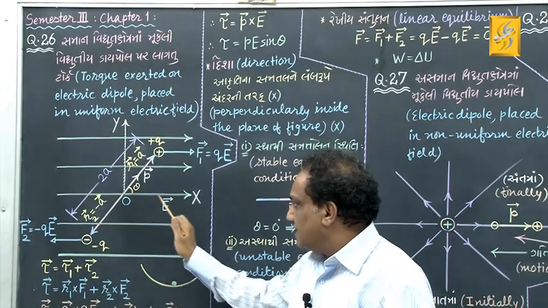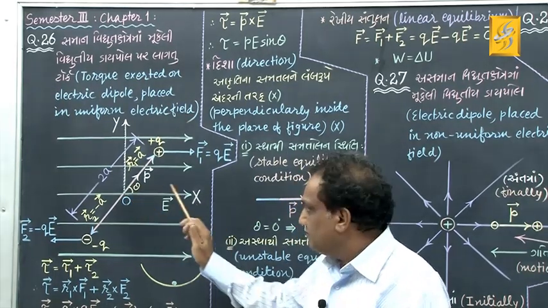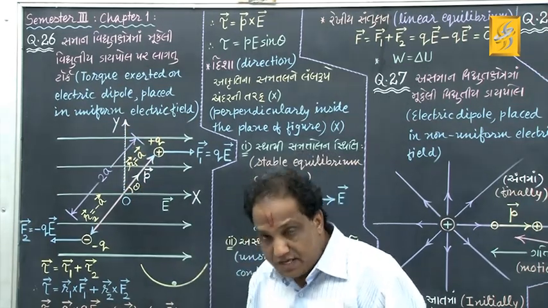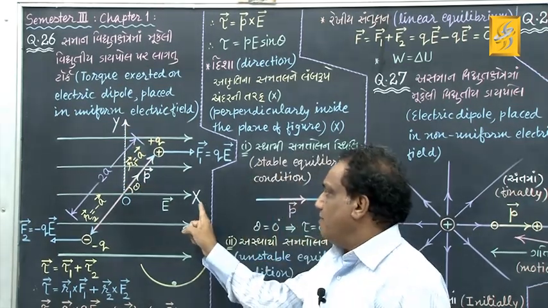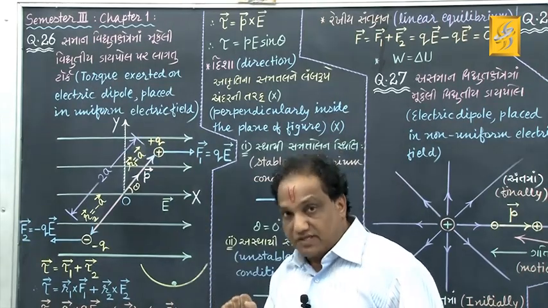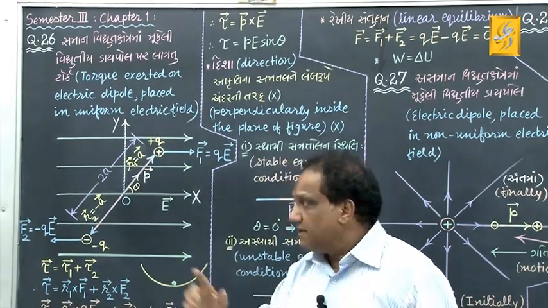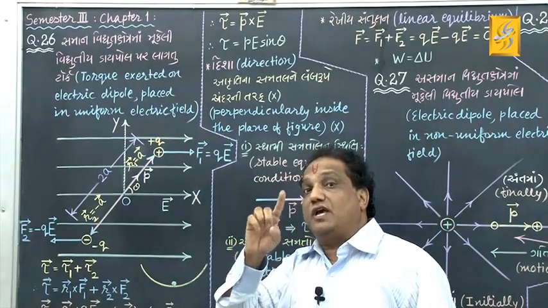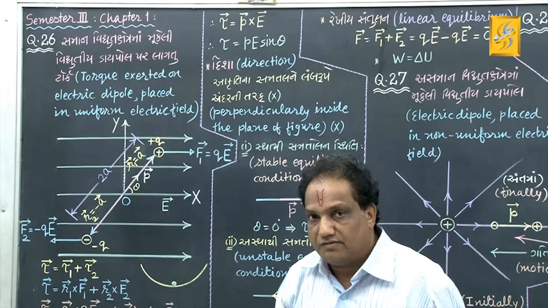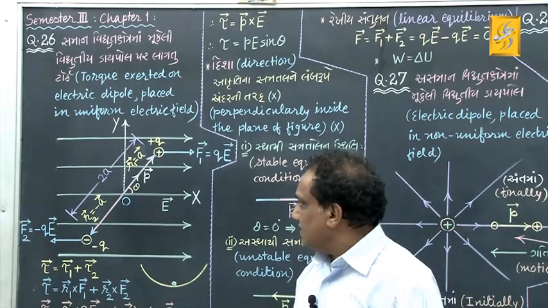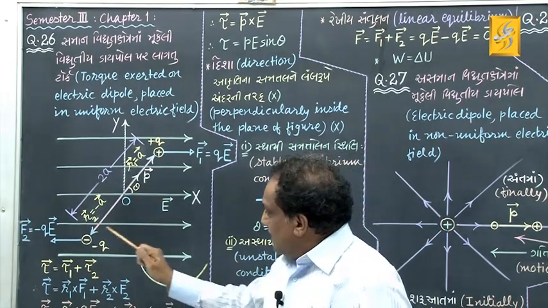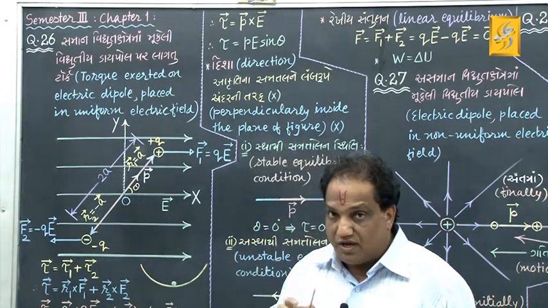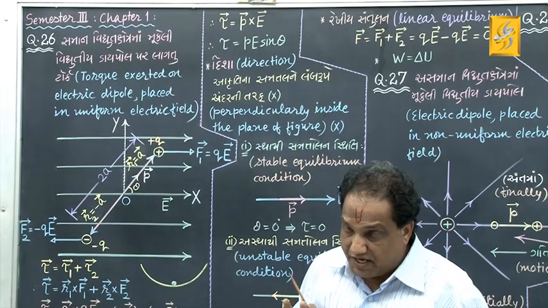Let this right hand side axis be positive x axis, let this be positive y axis. I mean to say, a plane passing through x and y axis, which is xy plane, it is nothing but surface of board, or you can say it is plane of figure. Okay, fine. Now, in this dipole, there are two electric charges equal in magnitude, opposite in polarity.